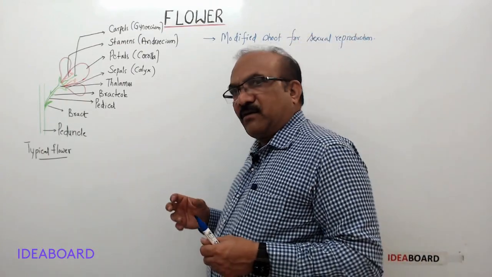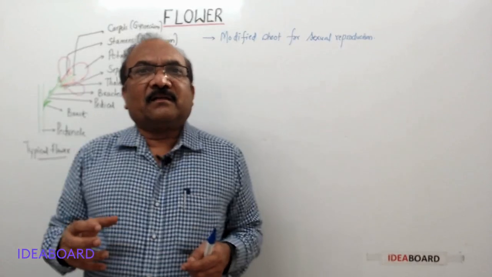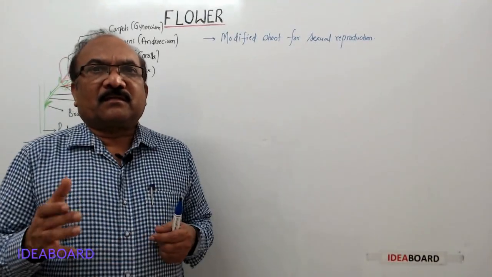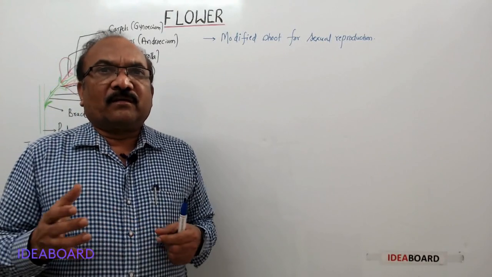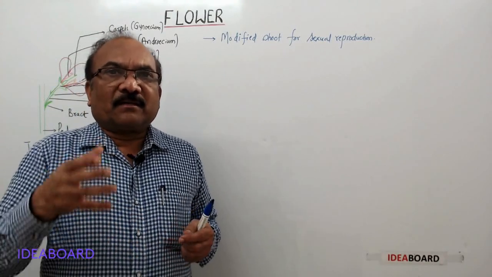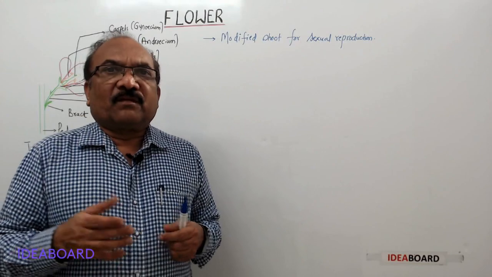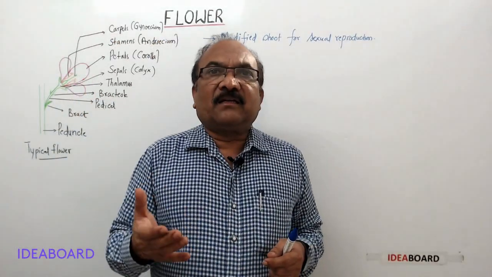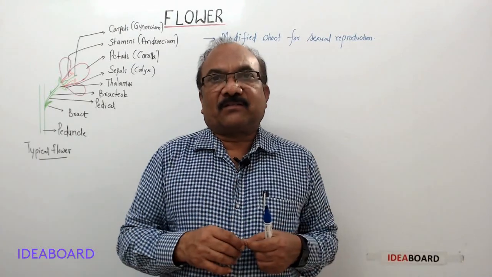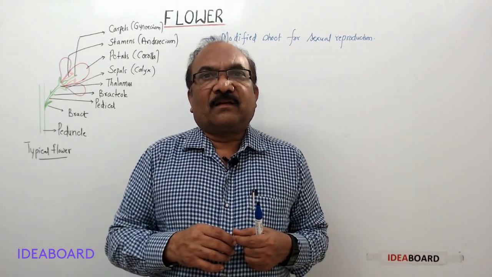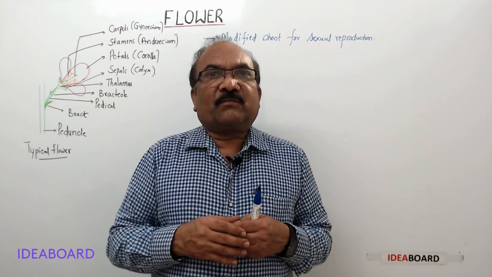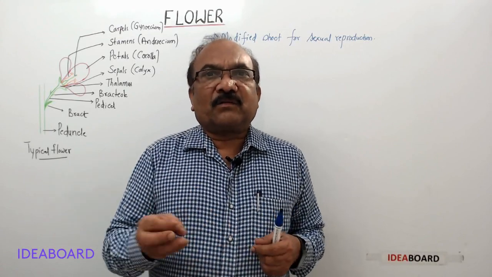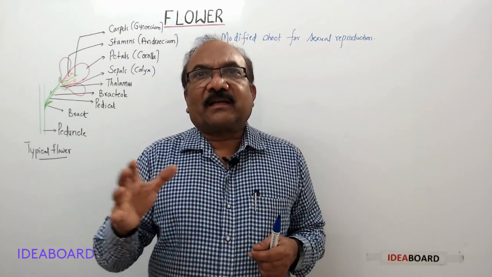This flower topic is very important in taxonomy, because in taxonomy we describe the plants, their vegetative characters and floral characters. Among vegetative and floral characters, the most important ones are floral characters.